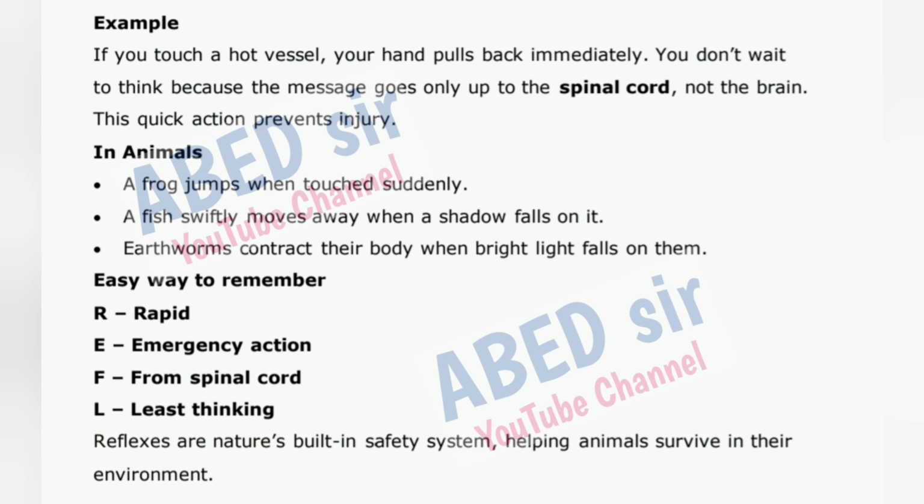Earthworms contract their body when bright light falls on them. Easy way to remember: R, Rapid. E, Emergency action. F, From spinal cord. L, Least thinking. Reflexes are nature's built-in safety system, helping animals survive in their environment.